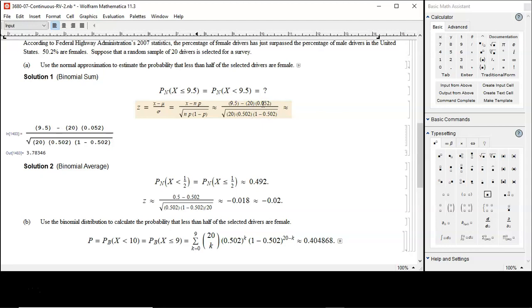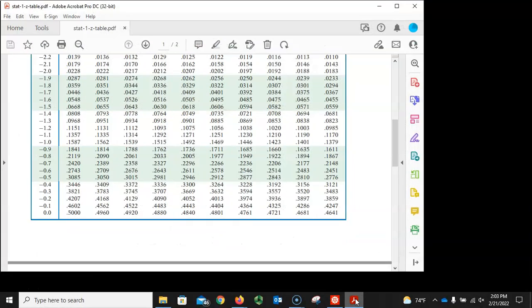Oh, 0.052 is wrong. It's 0.502, 50.2%. Okay, the others are all correct. All right, this makes sense. Negative 0.24 something. Okay, look up negative 0.24 from the z table and let's see what you get.